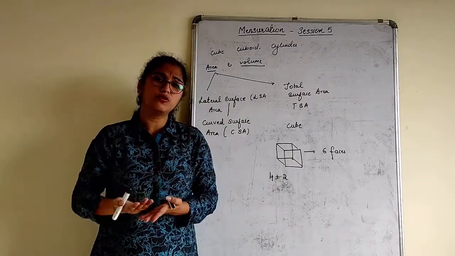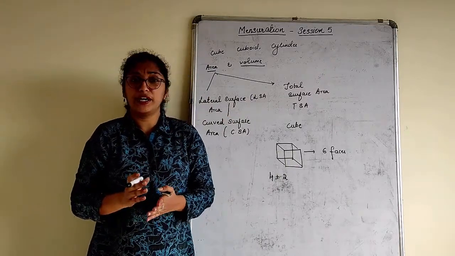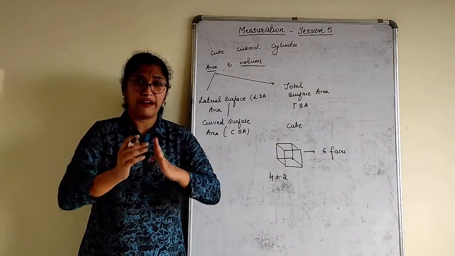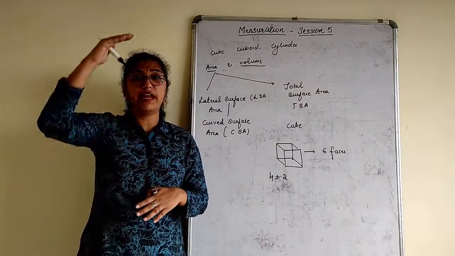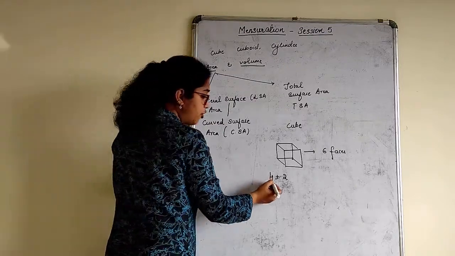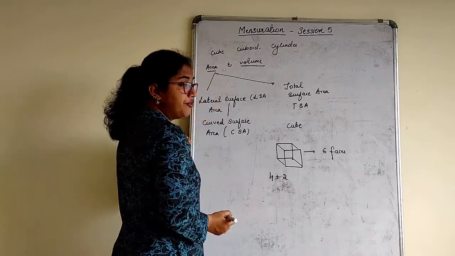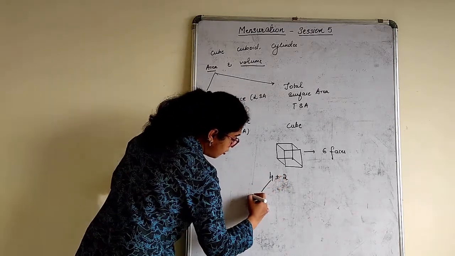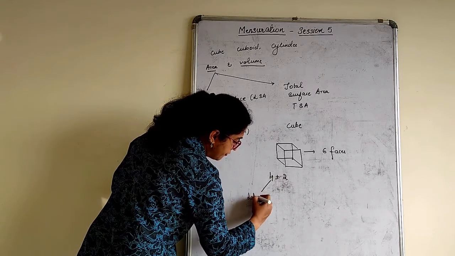If I talk about a room in the shape of a cuboid or a cube, a room always has 4 walls. Then it will have a roof and a floor. So similarly, 4 walls, a roof and a floor. These 4 walls are called the lateral surface.